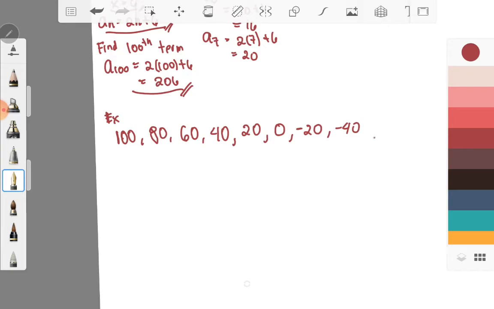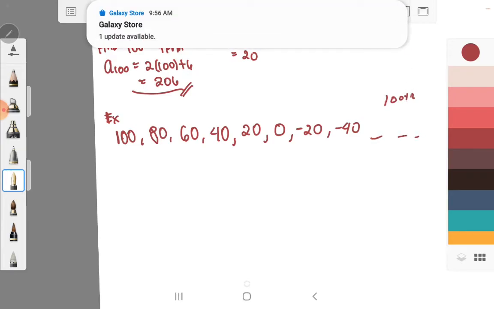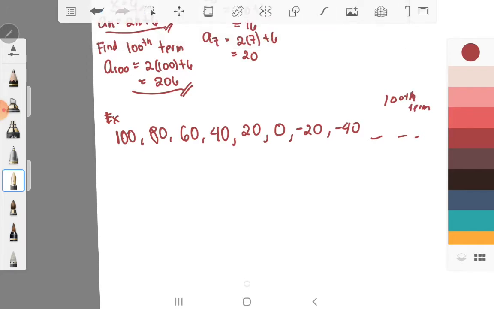Find the 100th term. So how will we solve this one?